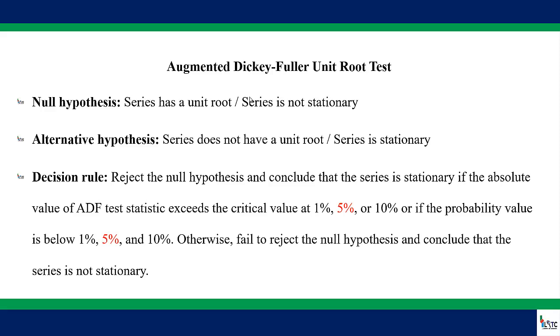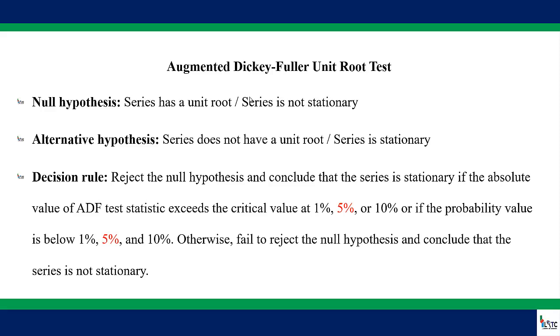You cannot make use of OLS regression for a variable that is I(1), that is, stationary after first difference. So you need to first check for the unit roots and ensure that your variable is stationary at level.